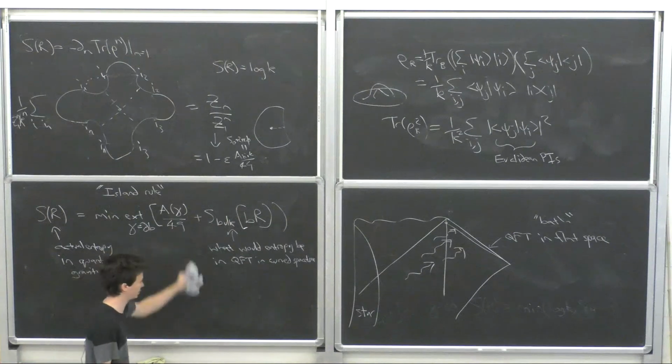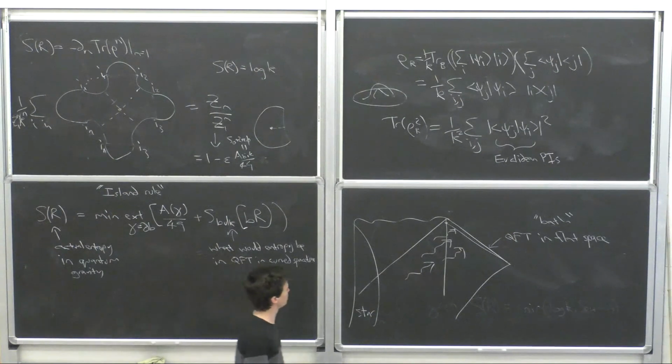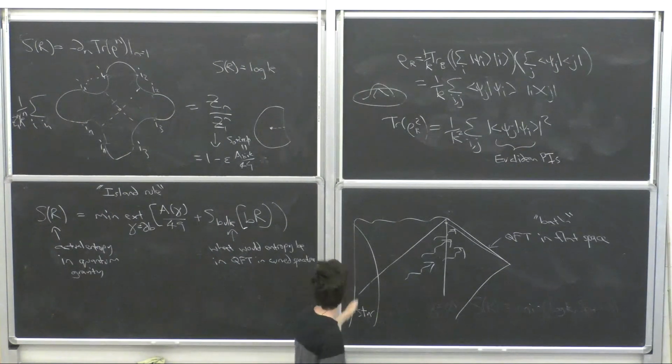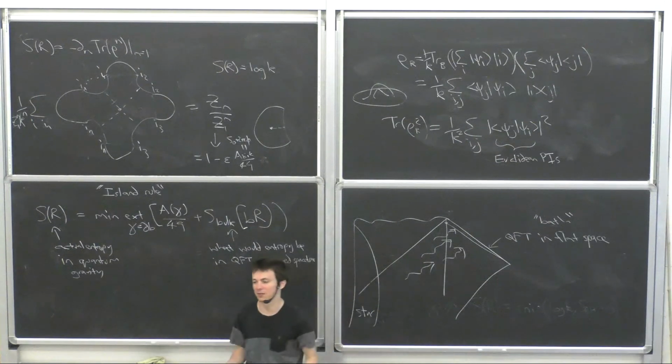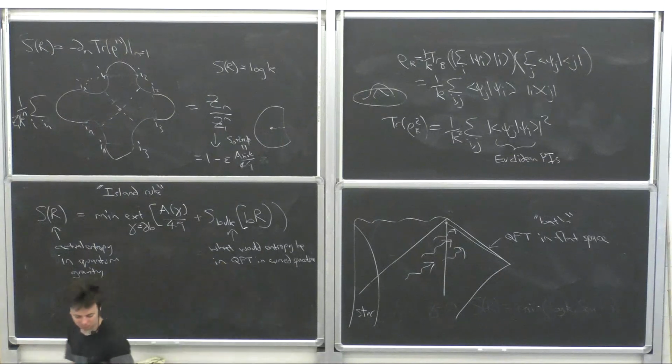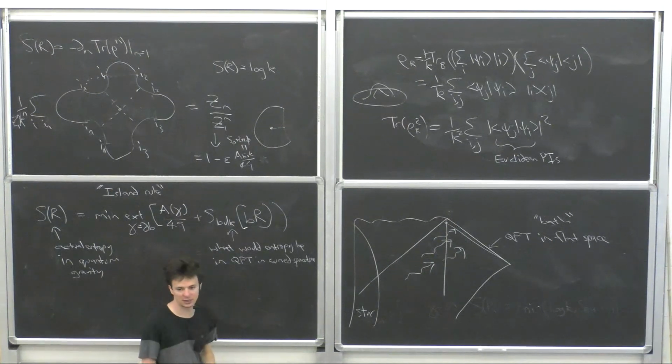The wormhole is just telling you that if you have a branch cut that is a compact region, then that corresponds to having a wormhole. It creates a wormhole.